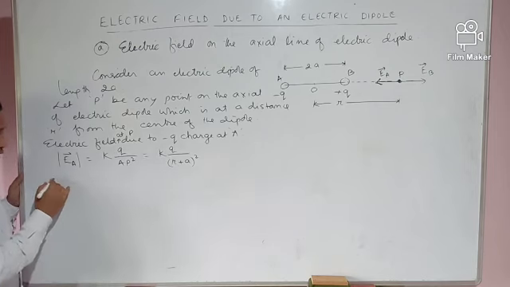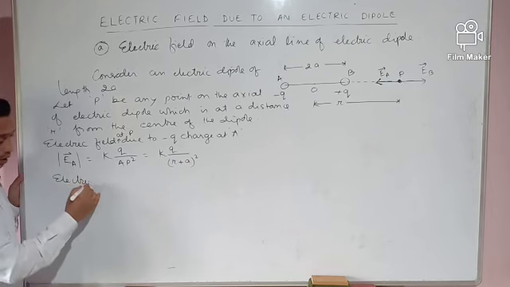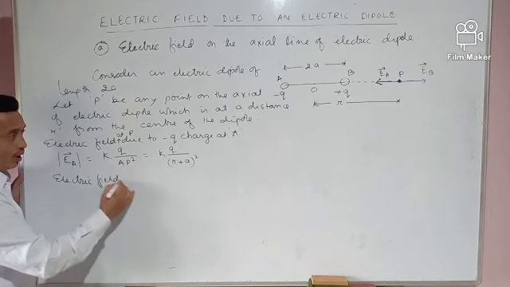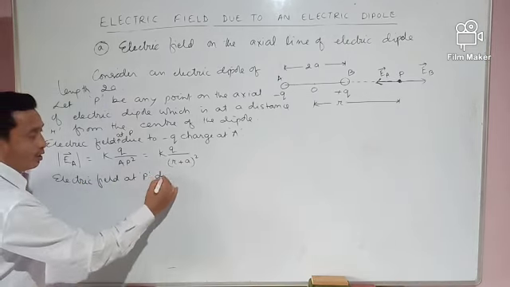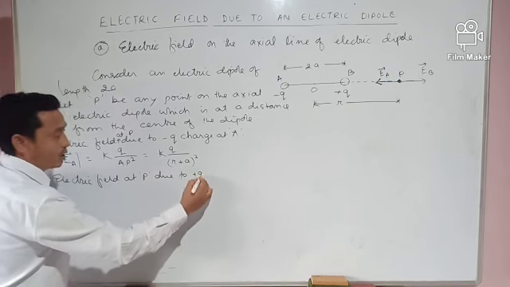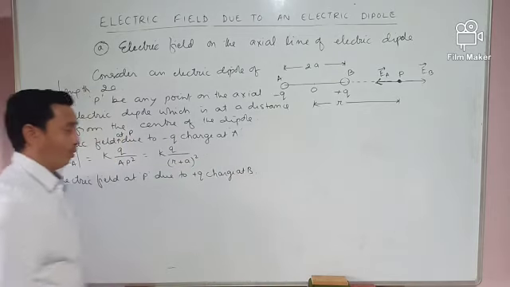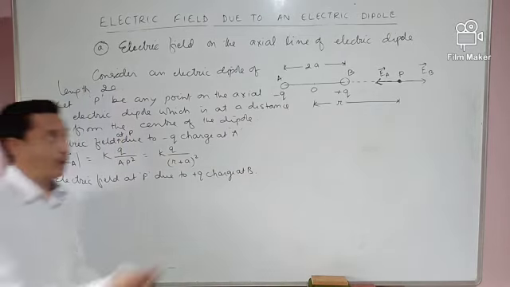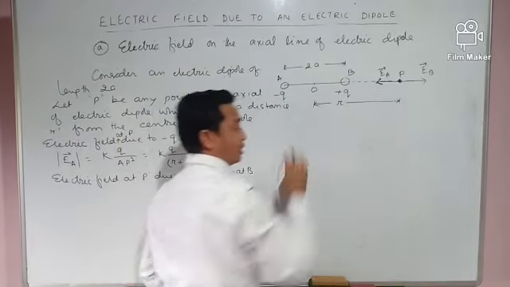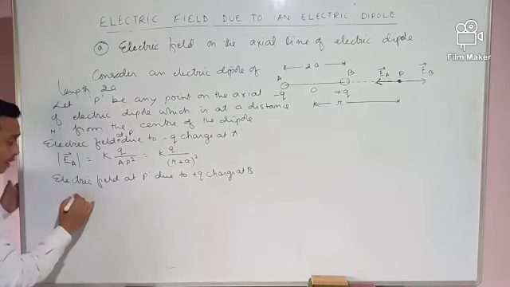Now I will write the electric field at point P due to the plus q charge at B. So it is EB.